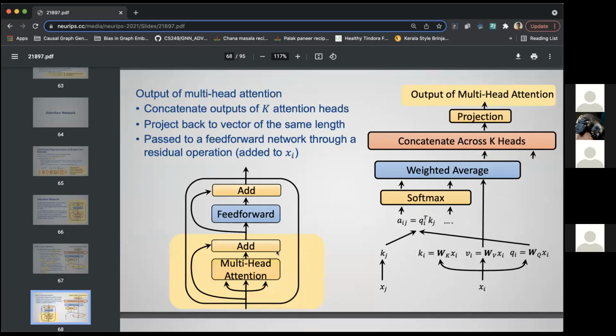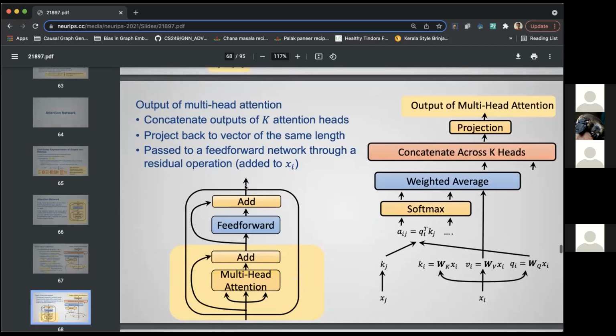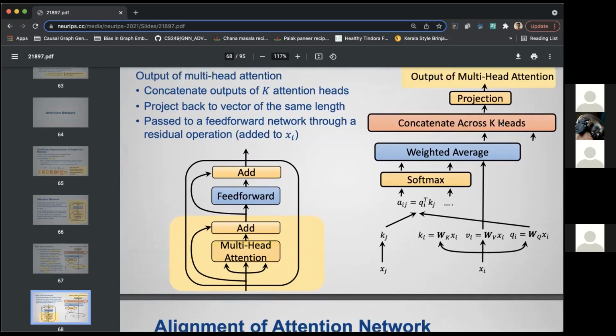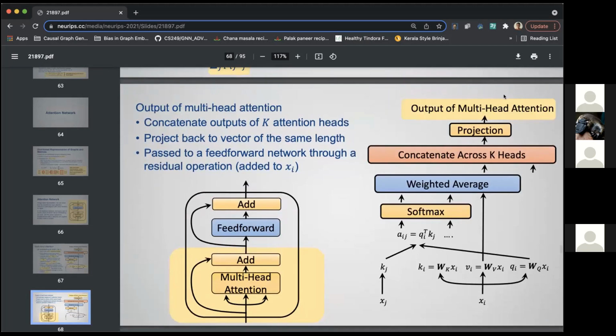Once we have these probabilities, we multiply them by the values, concatenate all the outputs across the k heads, and project it into a vector of the same length. Then we apply a feed forward neural network, which goes into the next layer. I know that attention networks usually have a layer norm operator, but we'll be ignoring that for the case of looking at the alignment.